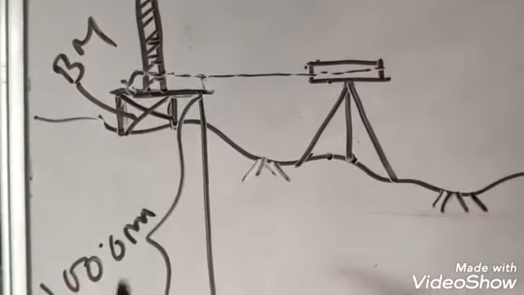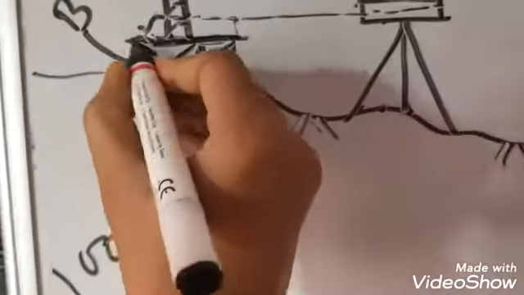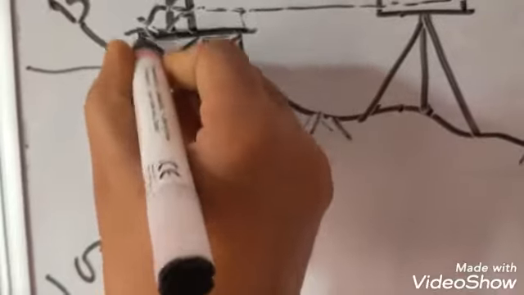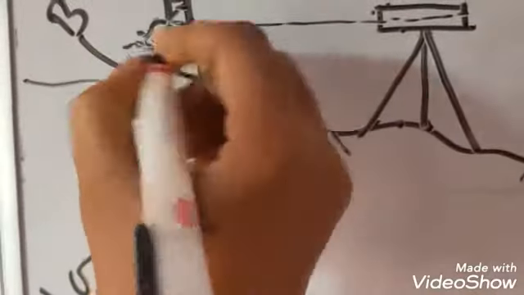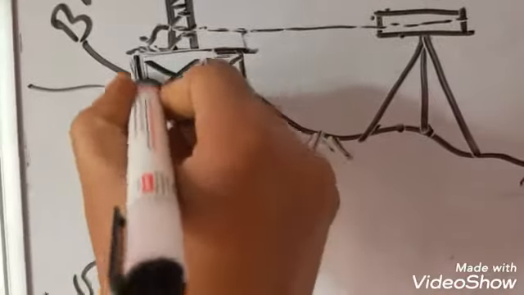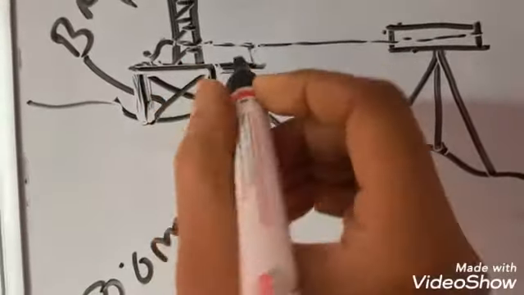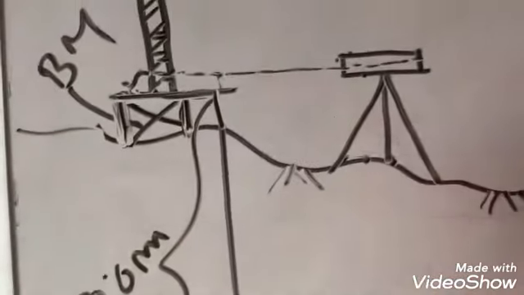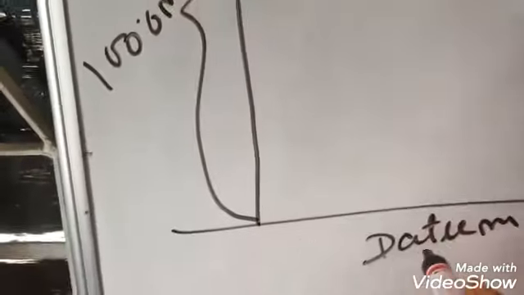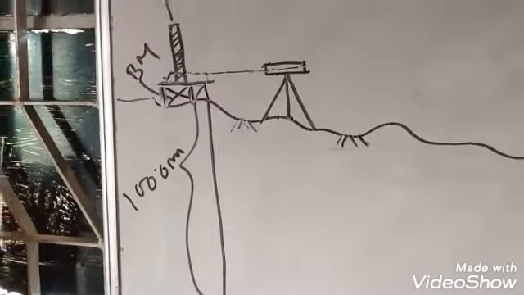Benchmark is a point of known elevation. Suppose this is a platform called the benchmark, and the top level of this benchmark is at a height of 100 meters from the datum or mean sea level, whatever.